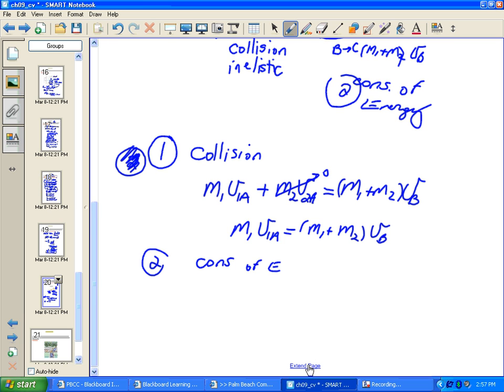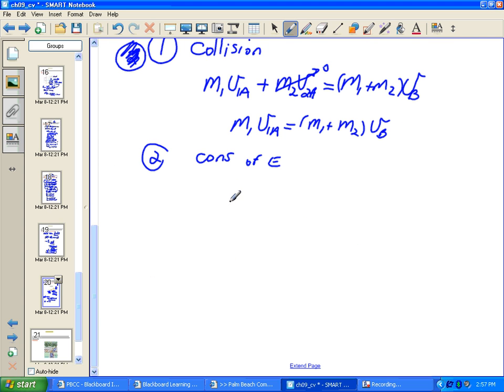And in this case, we start out with, remember, delta K_CB plus delta U_G,CB equals 0. Now, we start with a kinetic energy, that's at point B, but at the top of the swing, we momentarily come to rest.